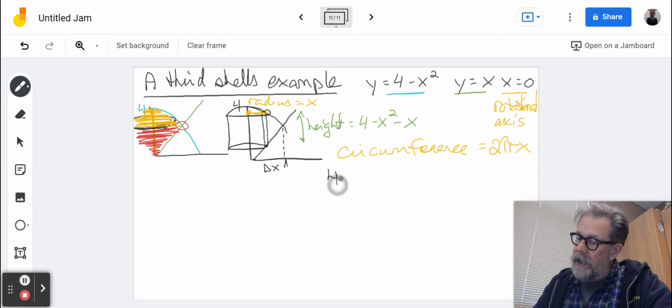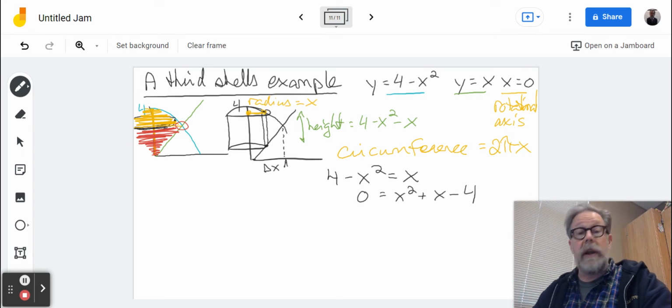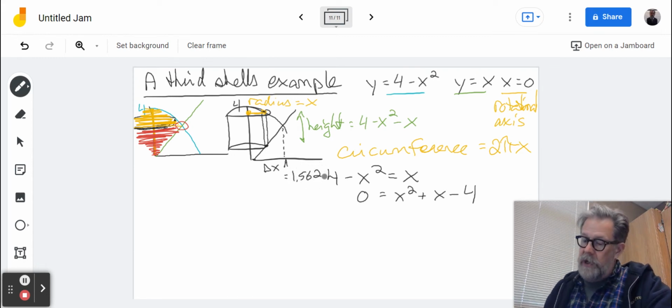I need the intersection of 4 minus x squared and x. And looking at this, I get 0 equals x squared plus x minus 4. Does not factor, but the quadratic formula gives me an intersection of 1.562. Pretty straightforward and simple.